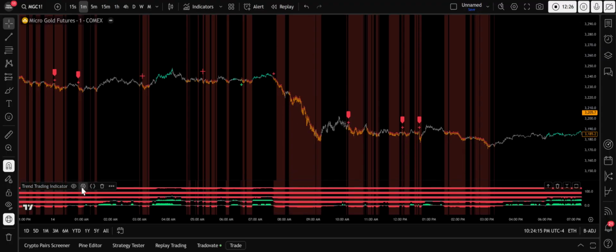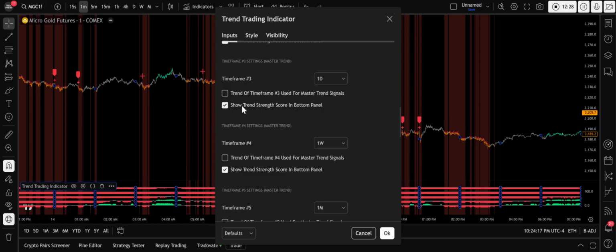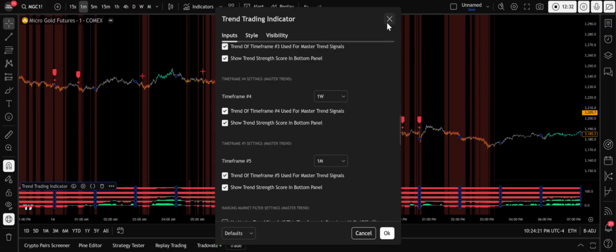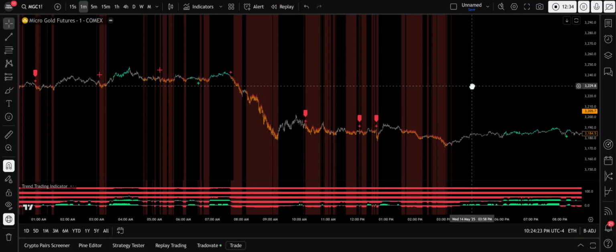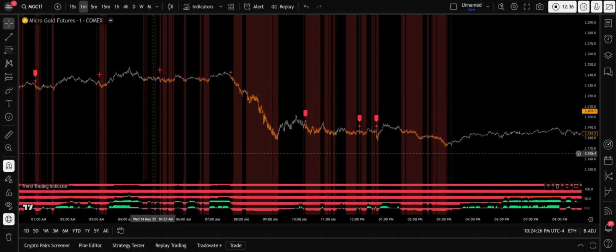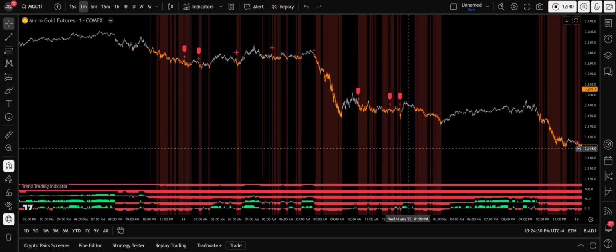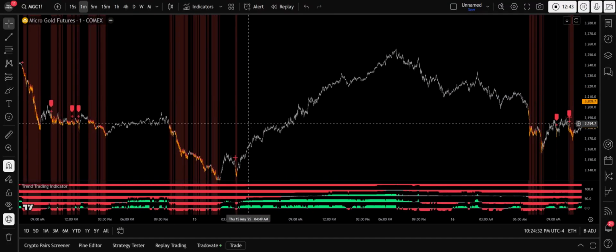So if I were to turn more of these on, you'll see how it'll affect that. Give it a chance to load here. So that just means that we're in a strong trend on all of these, whereas across here we were not. And so I have the weekly and monthly turned on here, which are still in a red trend.